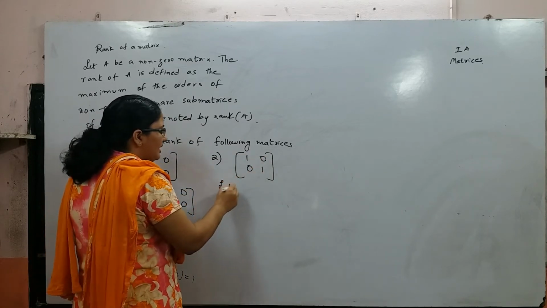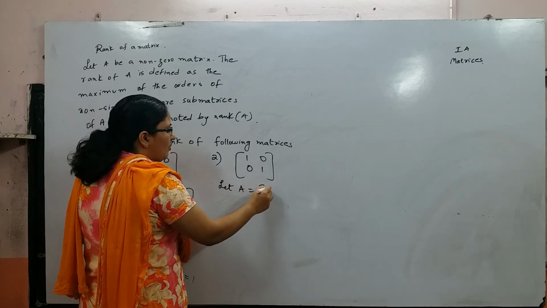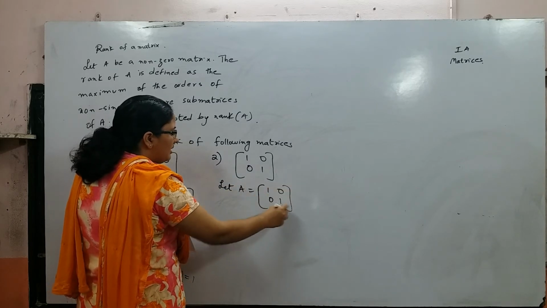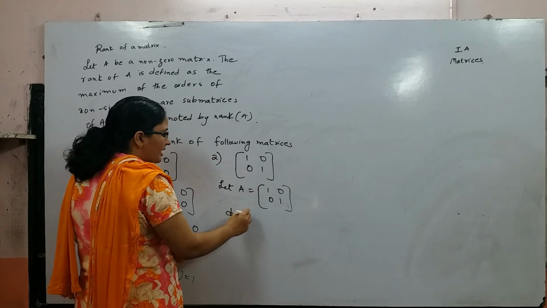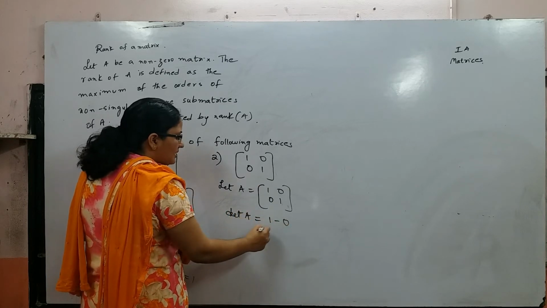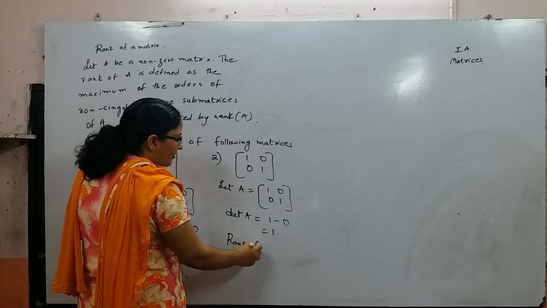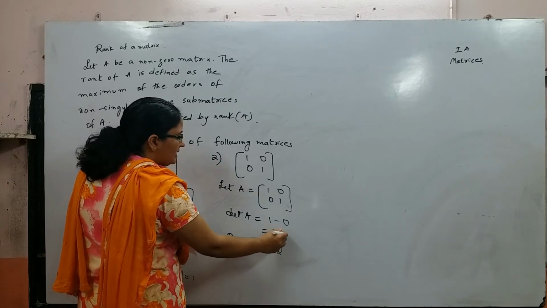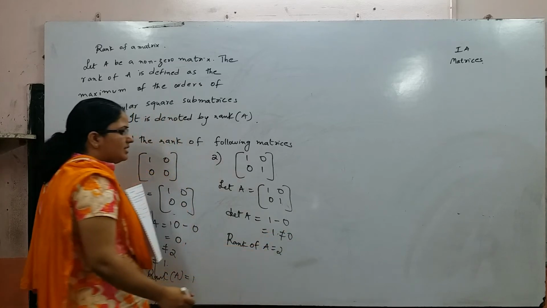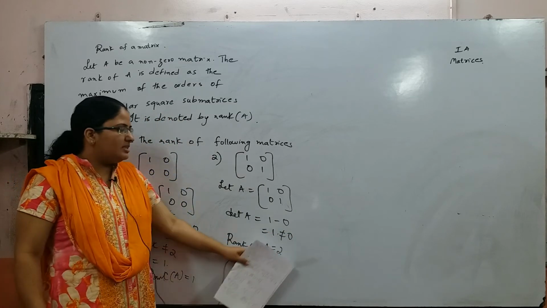Let A be 1 0 0 1. Determinant of A is equal to 1 minus 0, which is 1. So rank of A is equal to 2, because the determinant of the 2 by 2 matrix is not 0. Rank of A is 2.